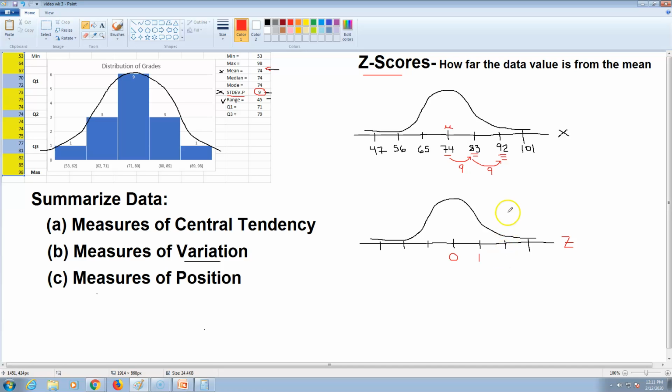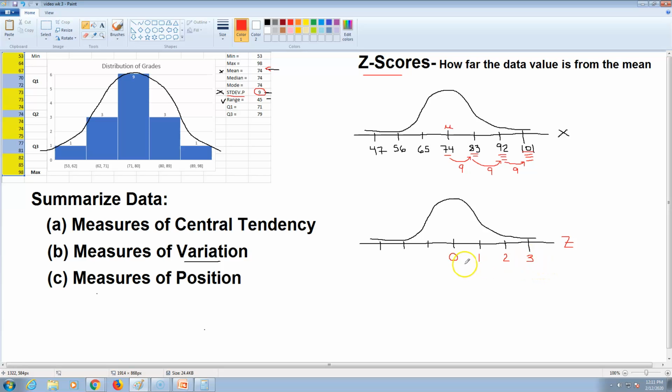So I used 2 standard deviations. So 92 is the second mark to the right of the middle. So on this mark, I'm going to put 2. And what is that 2 saying? That 92 is two 9s away from 74, the middle. Same thing I'm going to do with 101. How many 9s did I use from 74? You use three 9s. That's why I put 3 here.